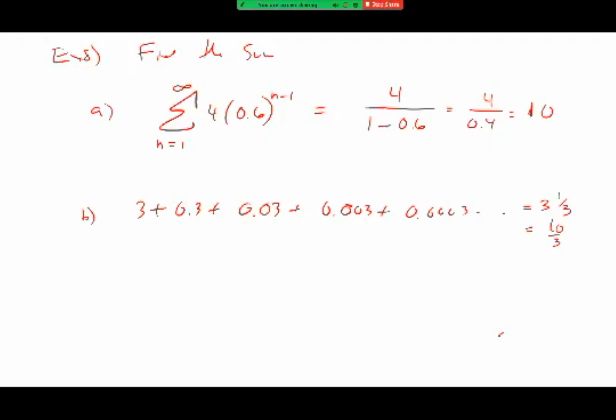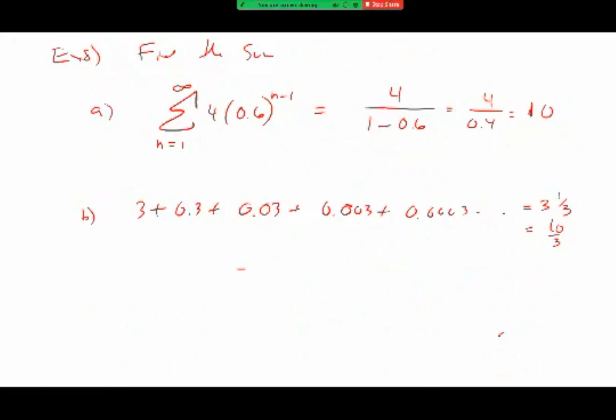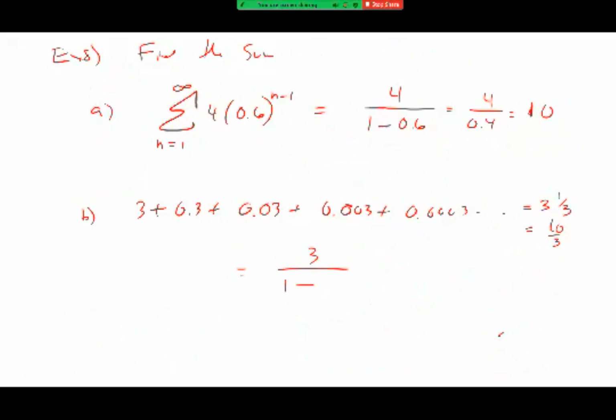Let's do it by the formula. Isn't 3 the first term? And it's 1 minus, what's my ratio? Ooh, that's the fun thing. What gets me from here to here? 0.1, is that right?